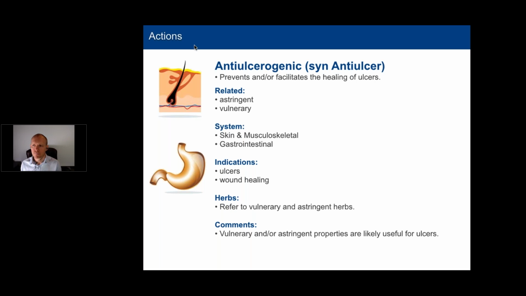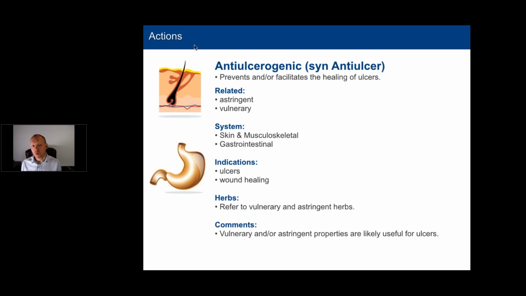Now, another action that can apply to both internal and external conditions is anti-ulcerogenic, which basically means helps to prevent the formation of ulcers, or anti-ulcer, which basically helps maybe prevent and speeds up the healing of the ulcers.